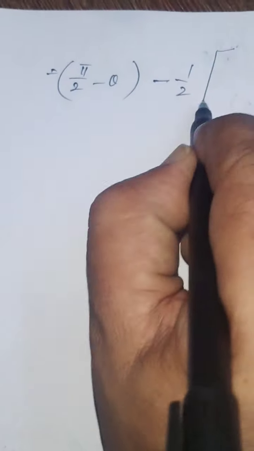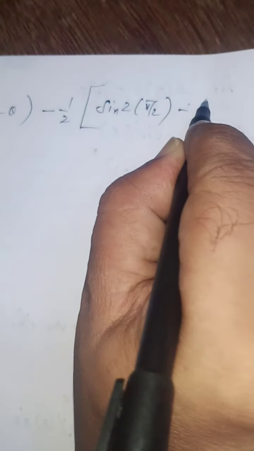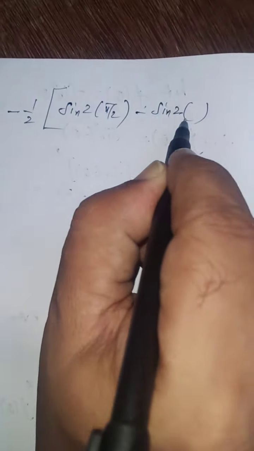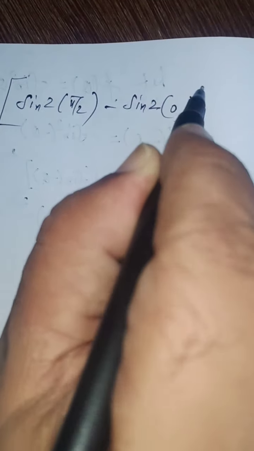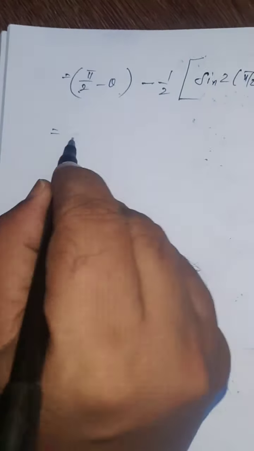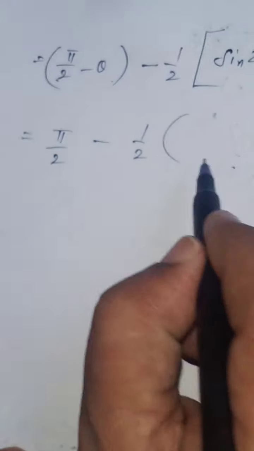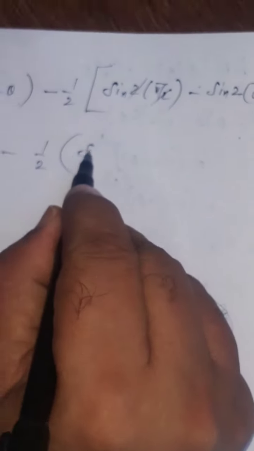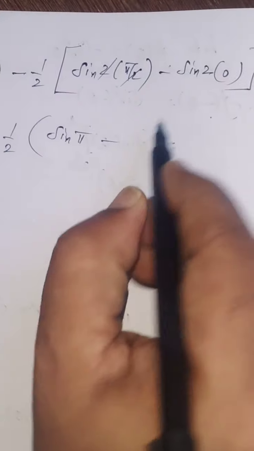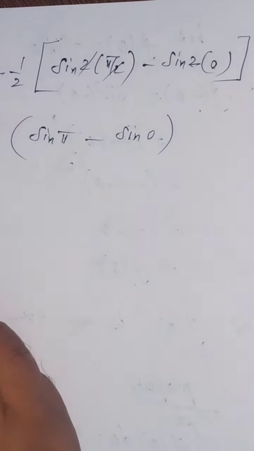First write half, sine 2 into pi by 2 minus sine 2 into lower limit. What is the lower limit? 0. You have to simplify. Pi by 2 minus 0 equals pi by 2, minus half, right as it is. The 2 gets cancelled. Sine pi minus sine 2 into 0.